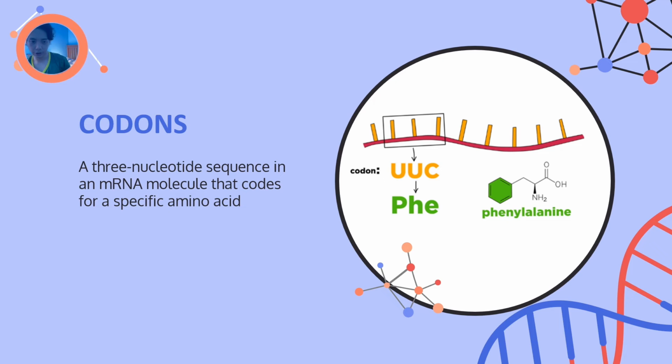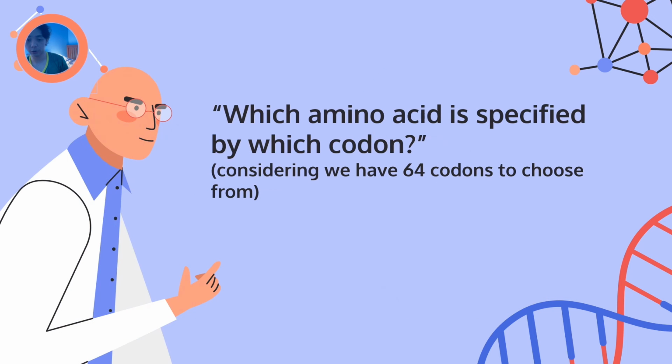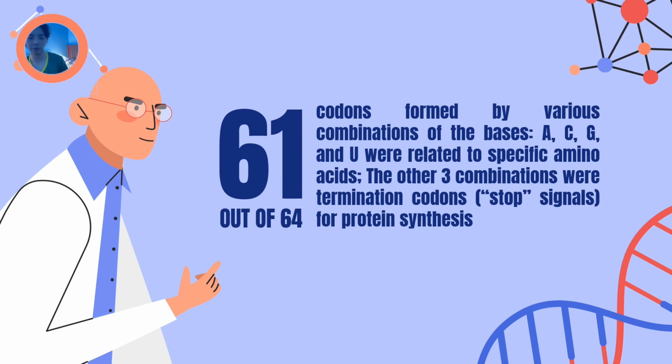This gives rise to another question: which amino acid is specified by which codon, since we have 64 codons to choose from? After many experiments, it was found out that 61 out of 64 codons formed by various combinations of the bases A, C, G, and U were related to specific amino acids. The other 3 combinations were termination codons, or the stop signal for protein synthesis.